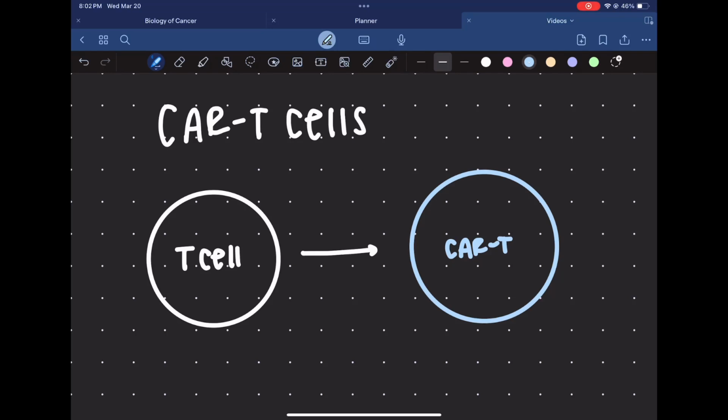Hi, everyone. So, we've talked about the basics of the endogenous immune system and how it's going to interact with cancer. In this video, we're going to talk about CAR T cells, which is a therapeutic technique that takes a patient's T cells. A patient's T cells are taken out of the body. They're genetically modified.